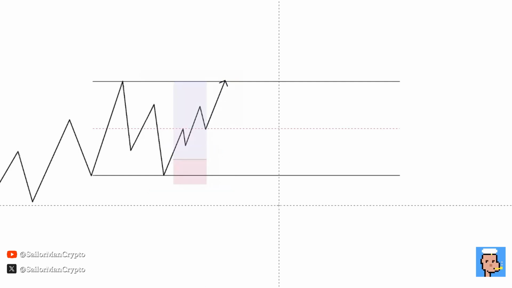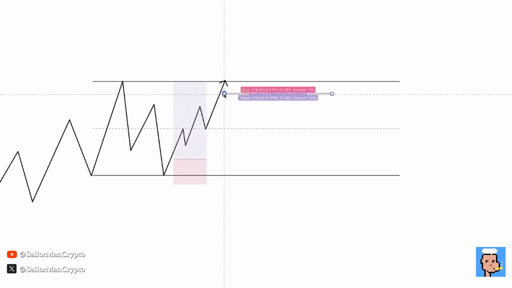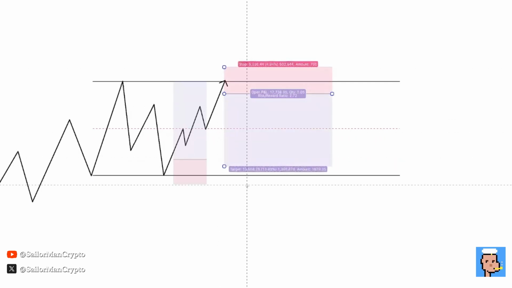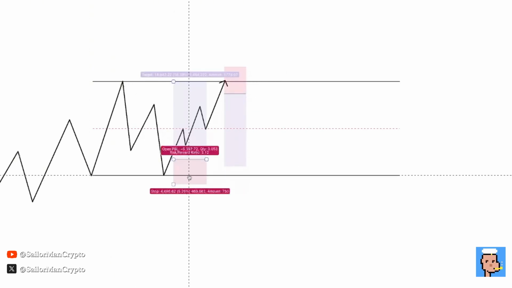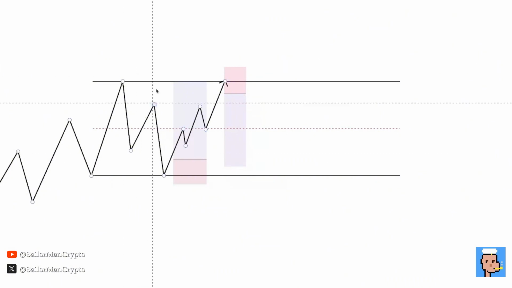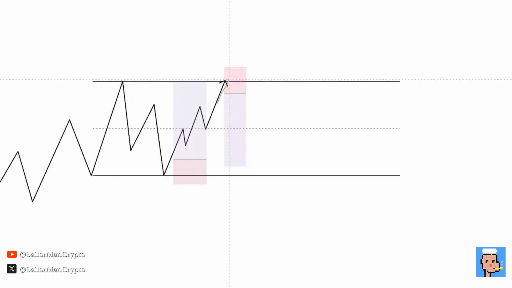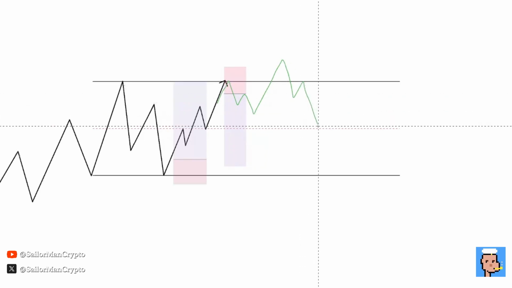So perhaps longs were trading in this way, shorts were trading in this way, and as long as the price is inside here, people will all put stop losses for their longs and for their shorts just above the range boundaries. Whenever a deviation occurs, so they shorted here aiming for the price to go down, then we get a deviation, their stop loss gets hunted, and the price then finds acceptance back below.